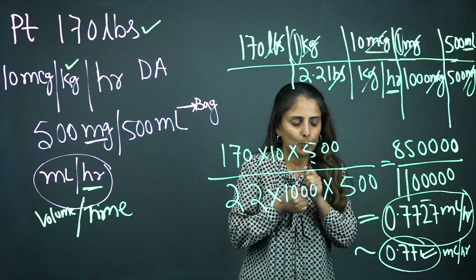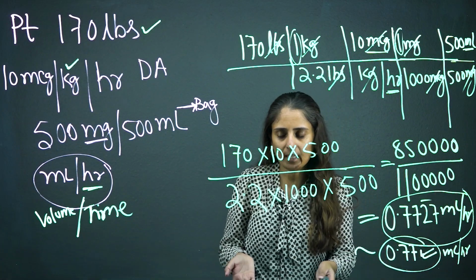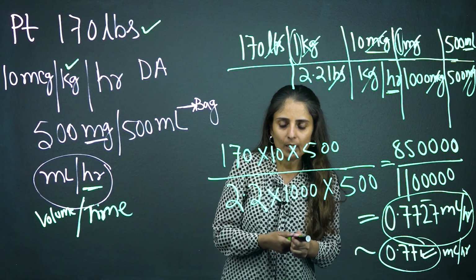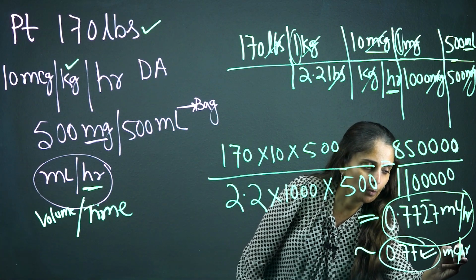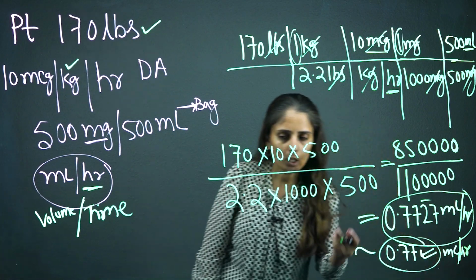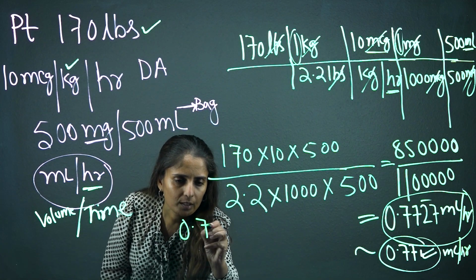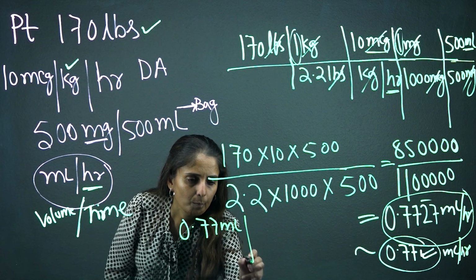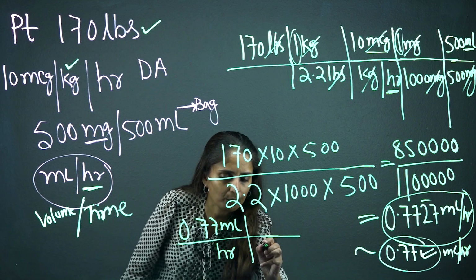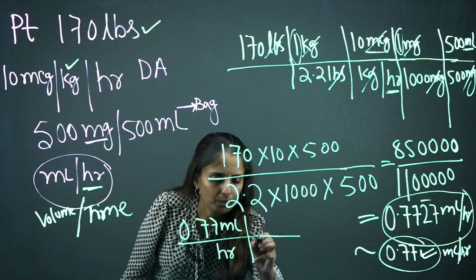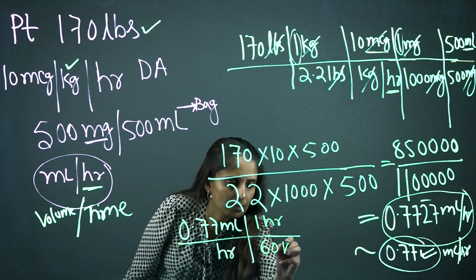Now, if you were asked to convert this, you should be able to do that, because we all know how many minutes, sorry, I meant converting from hours to minutes. We all know that there are 60 minutes in an hour, so you can convert 0.77 mLs per hour to mLs per minute, right? So 1 hour has 60 minutes.